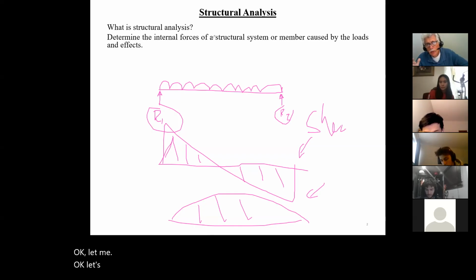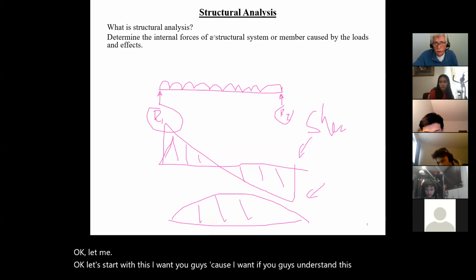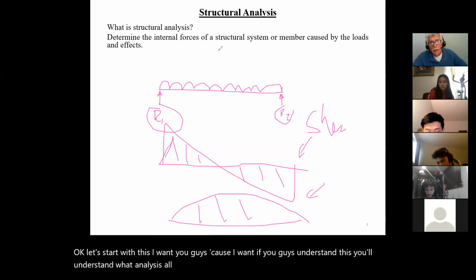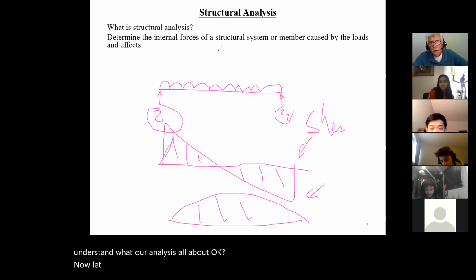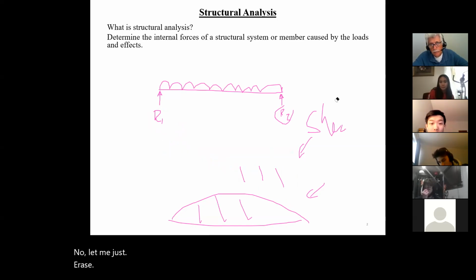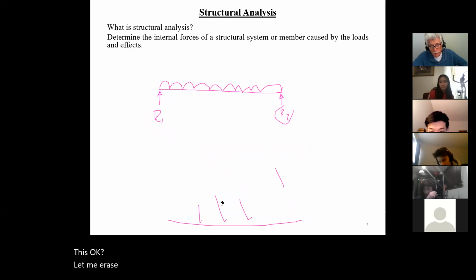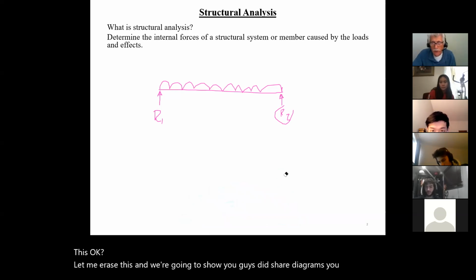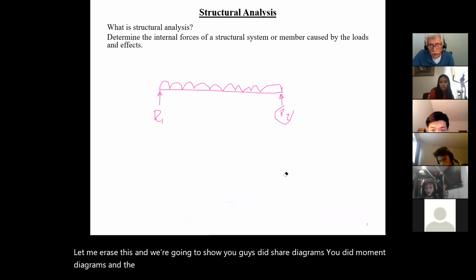I want you guys, because if you understand this, you'll understand what analysis is all about, okay? Now, let me just erase this, and so you guys did shear diagrams, you did moment diagrams, and the physics teacher did not explain to you the objective of doing this, right?